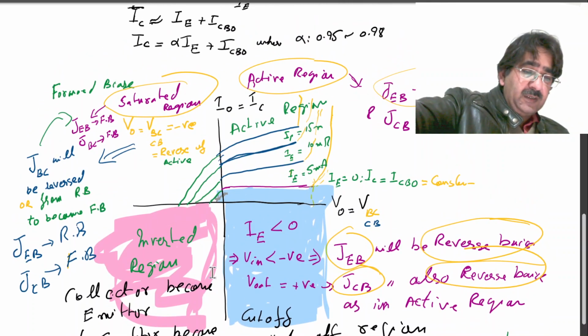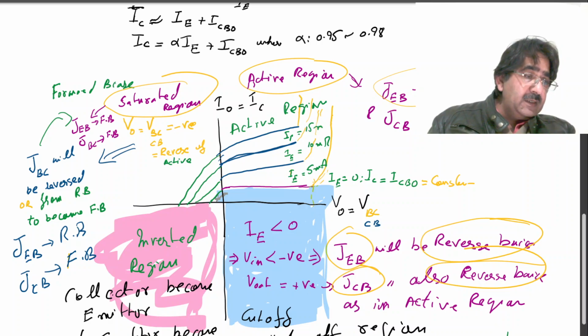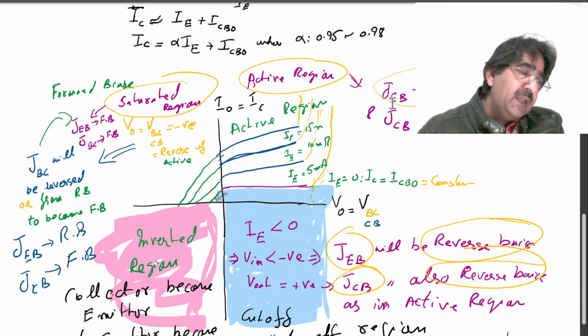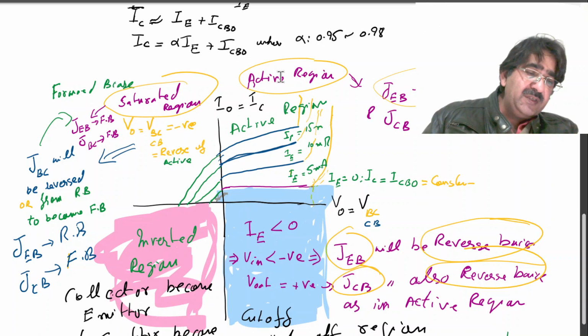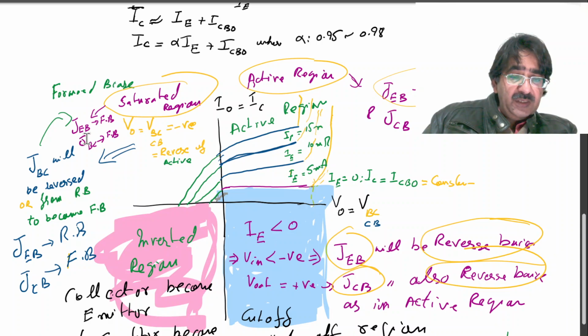In this region, the emitter-base junction will be forward biased and the collector-base junction will be reverse biased, and this will be defined as the active region. But in this region, the x-axis is along the output current.